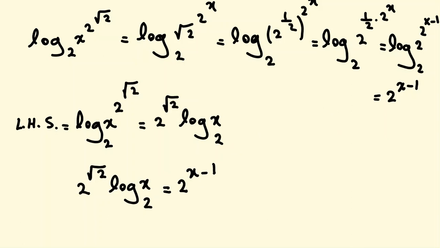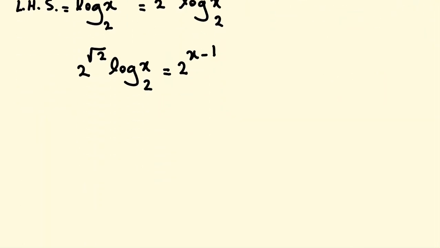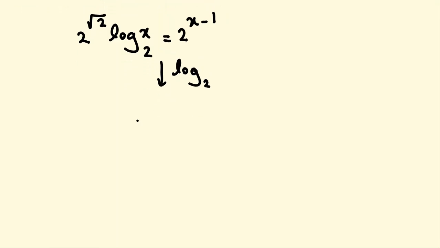Now again we have x in our powers. So what can we do to get rid of this? I told you the idea. Yes, we should take log. But log in what base? Because here we have 2, we consider log in base 2.